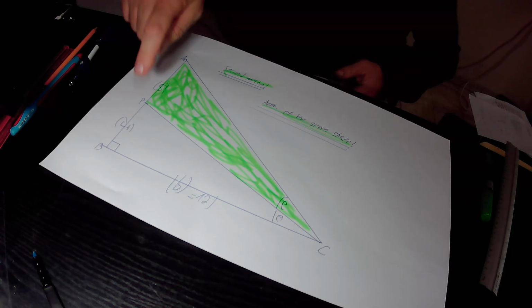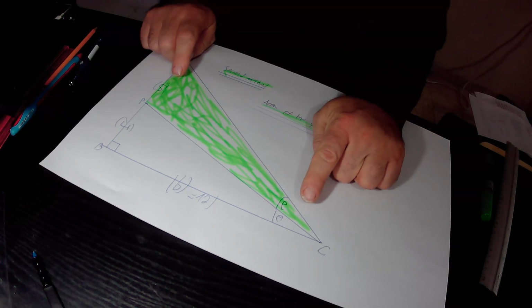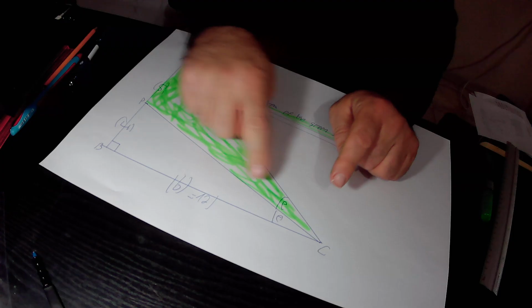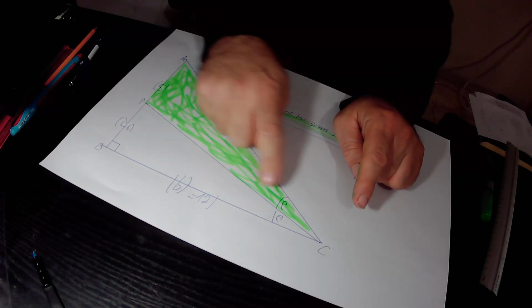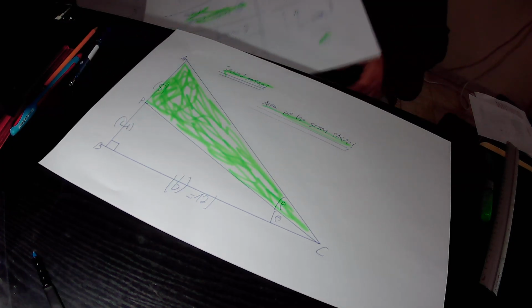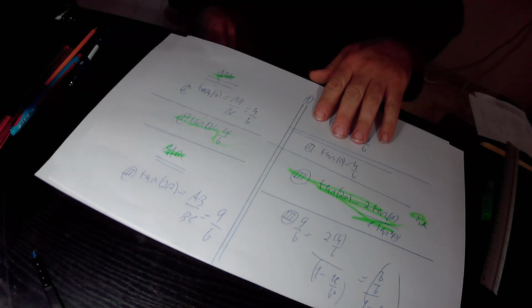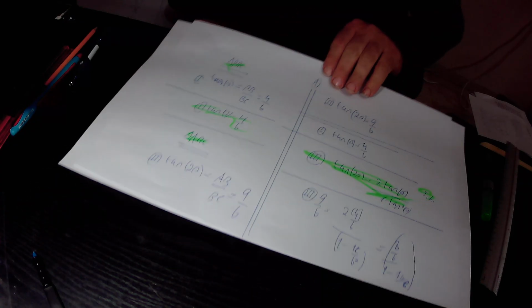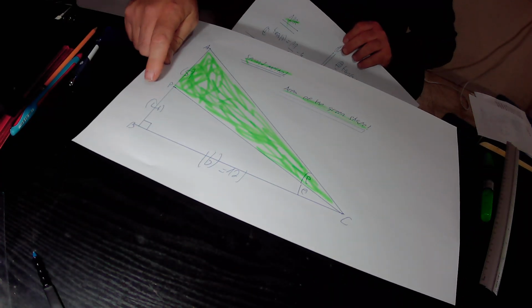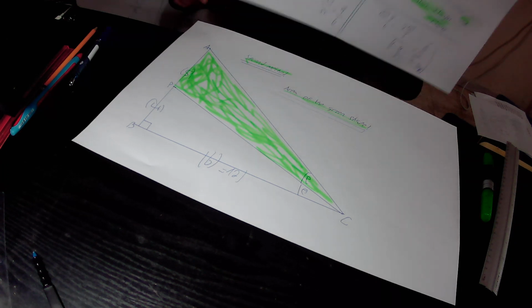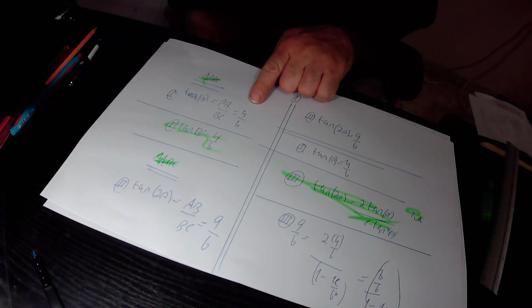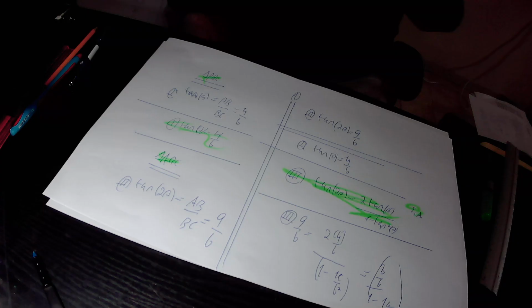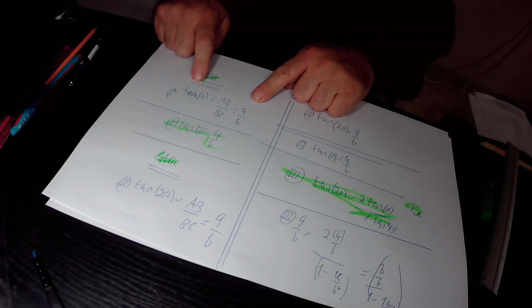In this white triangle PBC, tan theta equals PB over BC. PB is 4, and we define BC as b. So in total, according to equation 1, tan theta equals 4 over b.